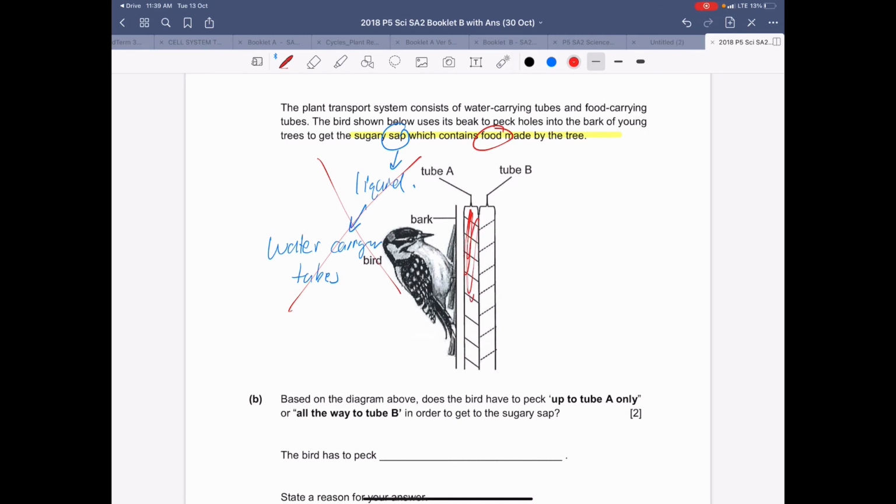So when the switch is closed, what happens? First thing, the circuit is complete, right? So when the switch is closed, the circuit is complete.